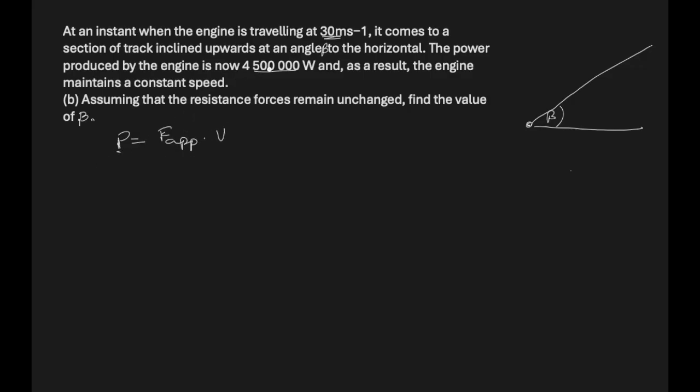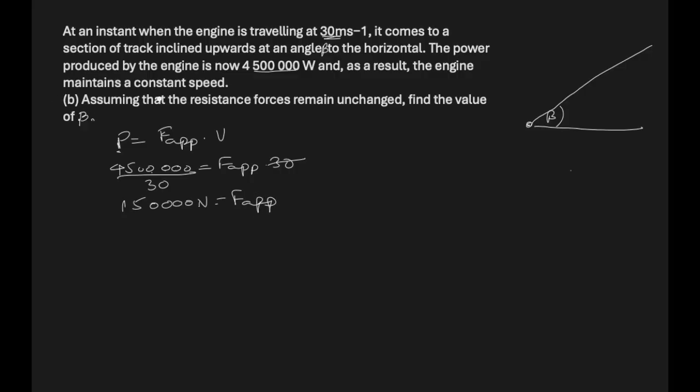So power is given to us, 450,000, equal to applied force times 30 meters per second. So divide this by 30, this 30 goes, so 15 and 1 zero gone, 150,000 is the applied force.